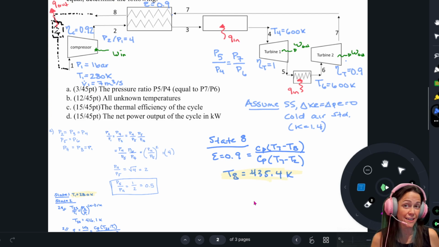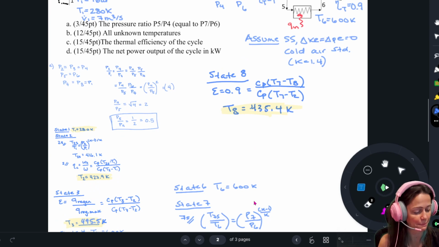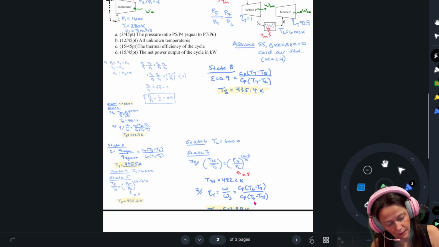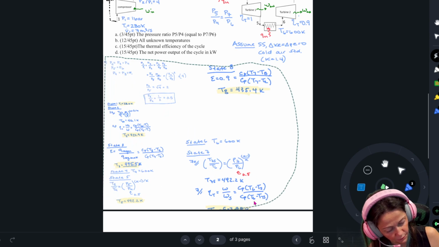I try to give as much credit for those temperatures as possible if you had the correct governing equations. So if you got penalized doubly for anything, let me know. But again, I try my best to give everybody as much credit as I possibly could according to my rubric. The rubric's important for keeping things fair for everybody.